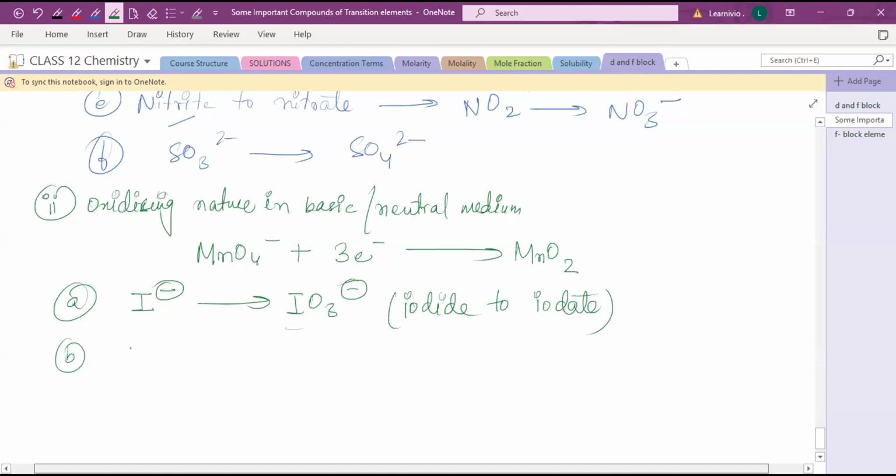Second example, S2O3 2 minus. What is S2O3 2 minus? It is thiosulfate.